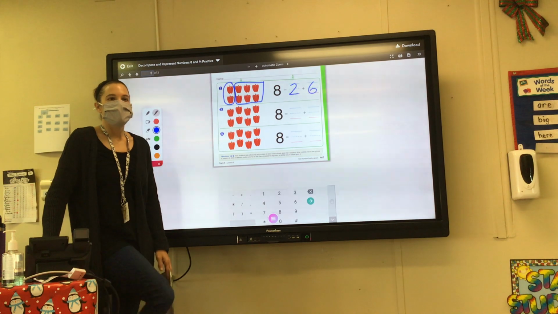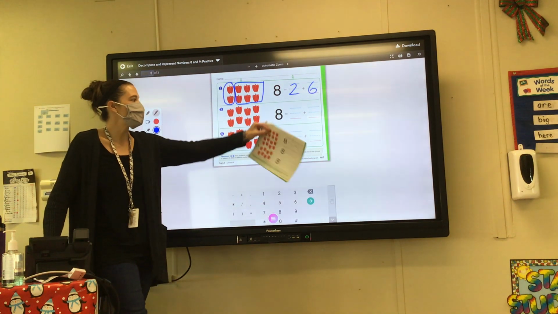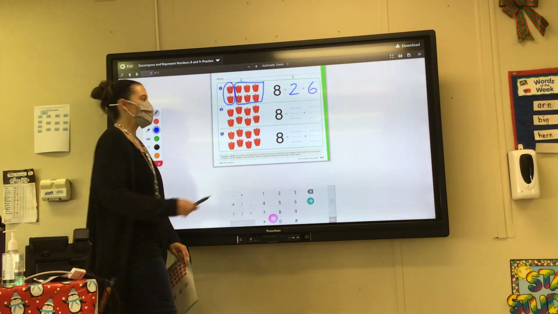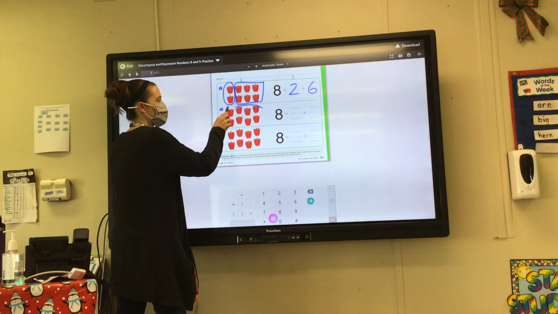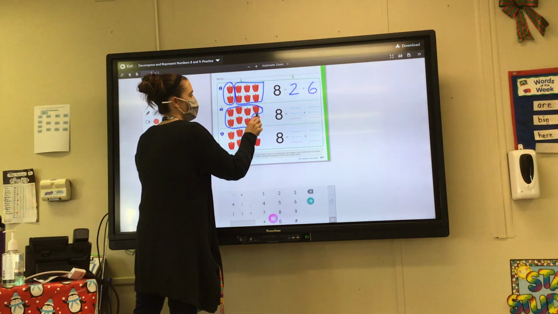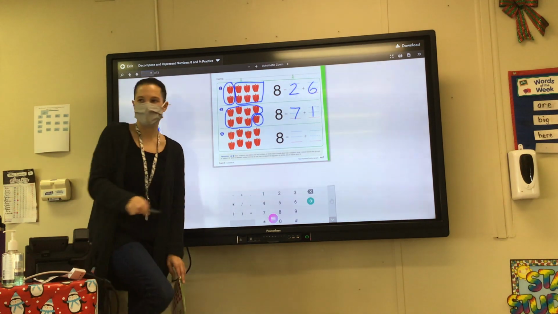Okay? Another way to break apart 8. The whole is 8, so what's another way to circle the group, Charlotte? 7 and 1. So circle 7 in the first group. And 1. 8 equals 7 plus 1.